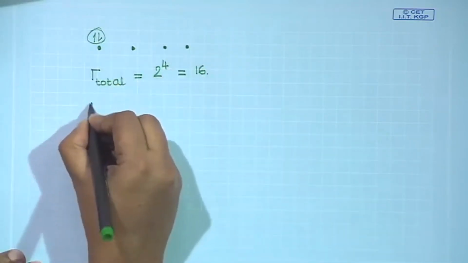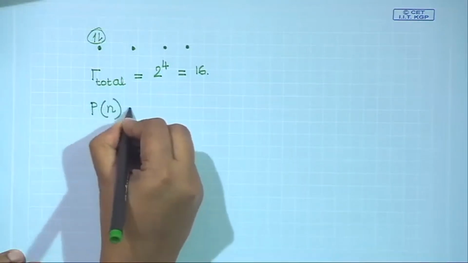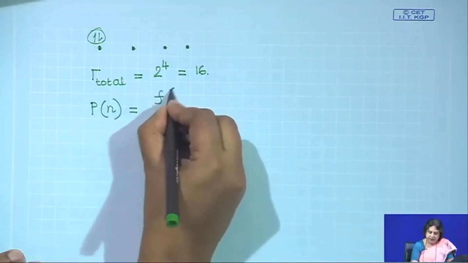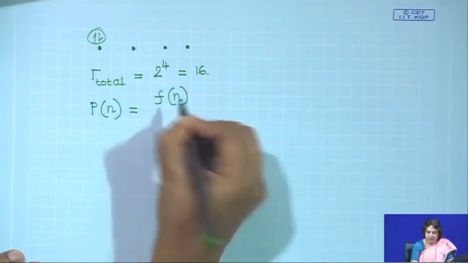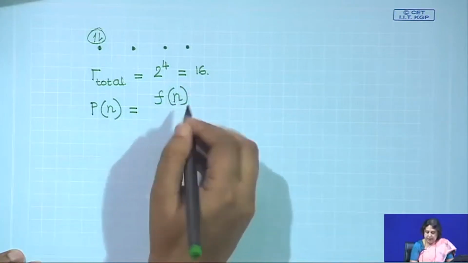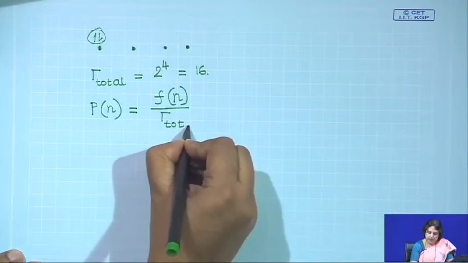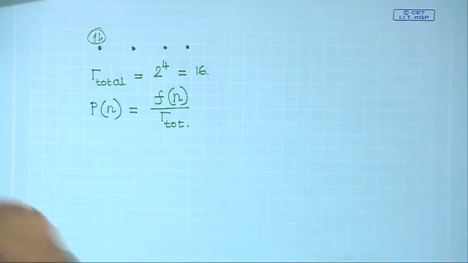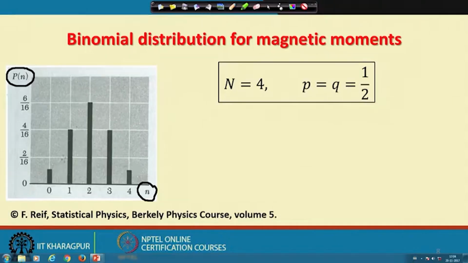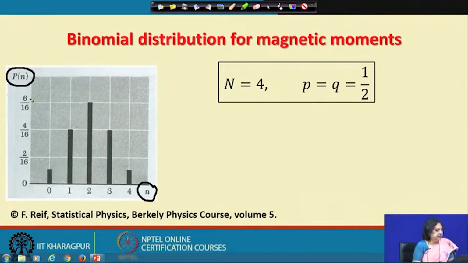That probability P n will be given by the number of times you have observed the n up spins divided by gamma total. It is very easy to show that if you have n equal to 0, 1, 2, 3 or 4, the corresponding f n values are going to be equal to 1, 4, 6, like that.